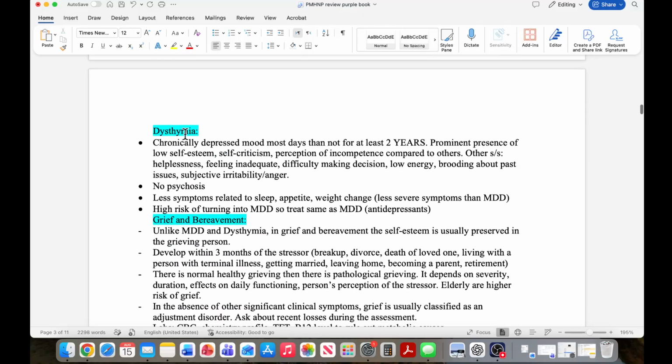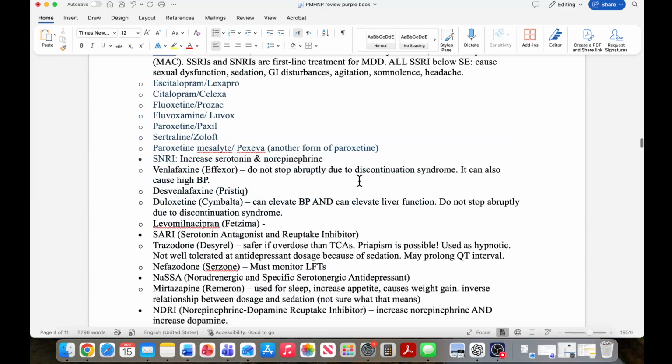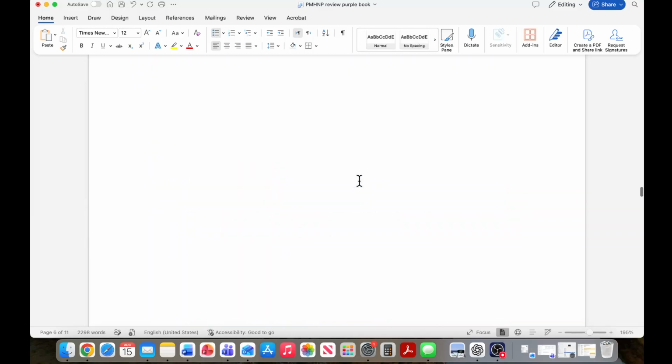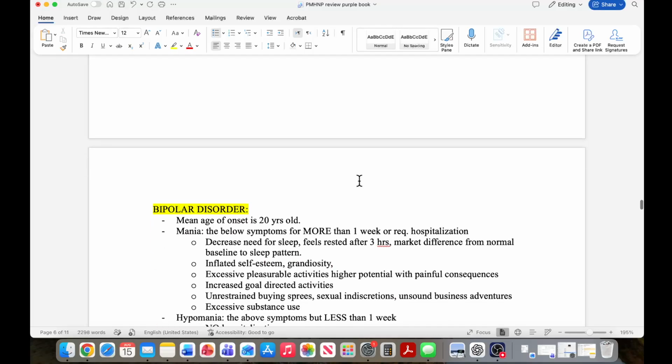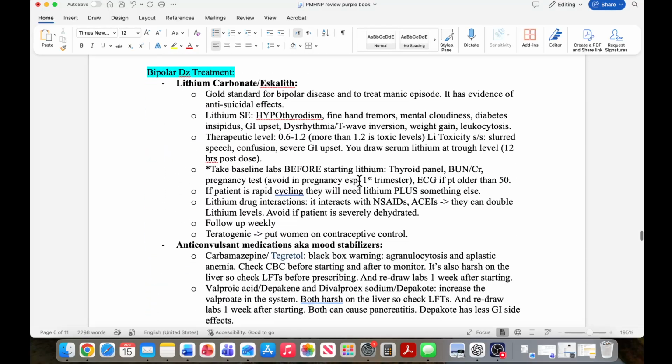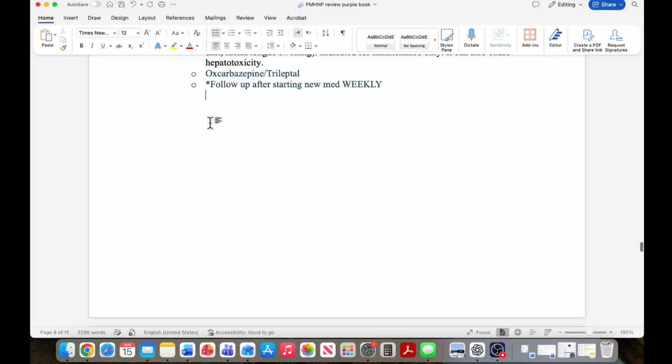And then dysthymia is its own thing. Dysthymia is when you have depressed mood for 2 years. Now, bipolar is its own thing, but then cyclothymic, or cyclothymia, pretty much, to make them match.